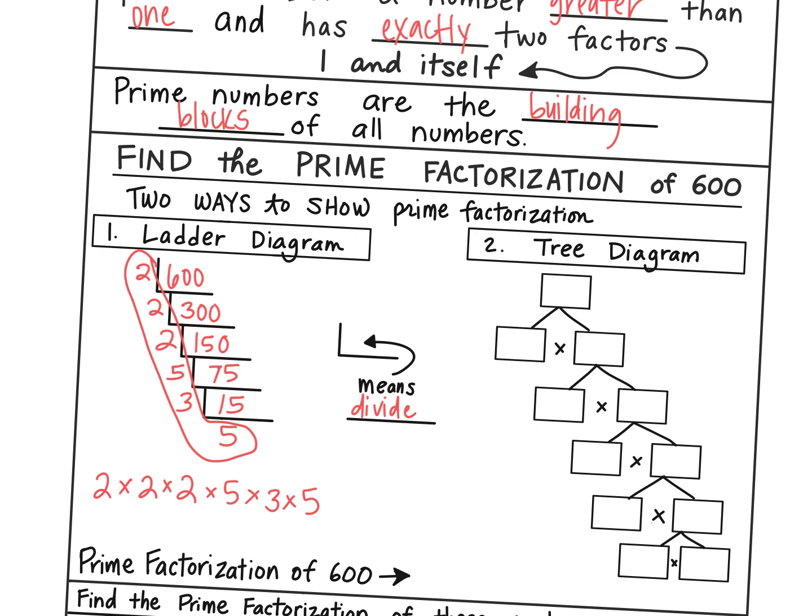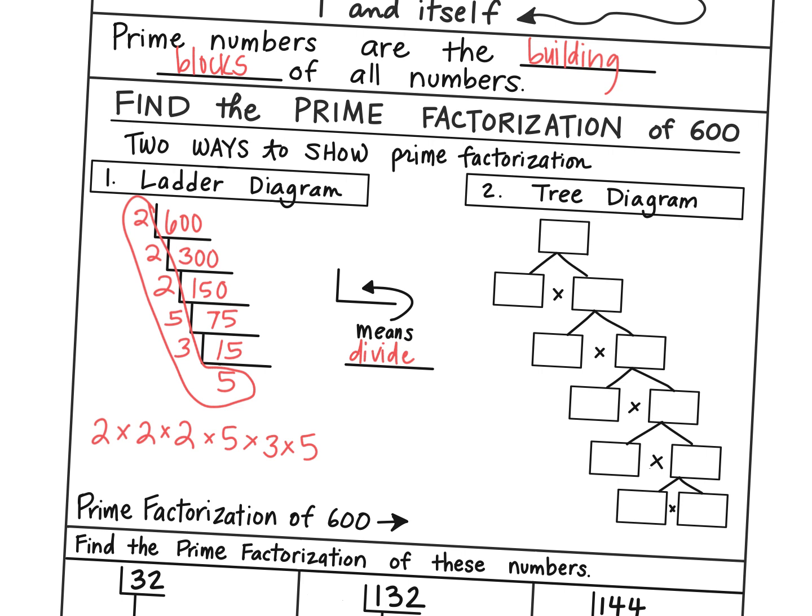There's another way, and you're going to get to pick the way you like. I just want you to find one that you like and get really good at it. Same thing: I start with the number that I'm factoring, 600. Instead of the upside down wedding cake method, it's like a factor tree. So 2 times 300, and then I circle my prime number 2.